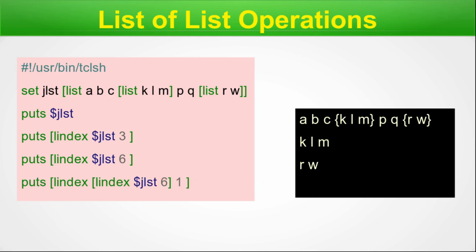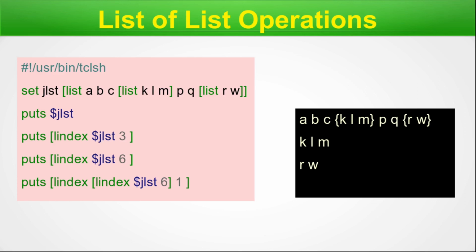Now we are doing another level of manipulation, that is we are using a nested structure of commands here in Tcl using two levels of square brackets. Here what we are doing is lindex, and the first inner bracket will be executed, and then the output goes to the outer one.